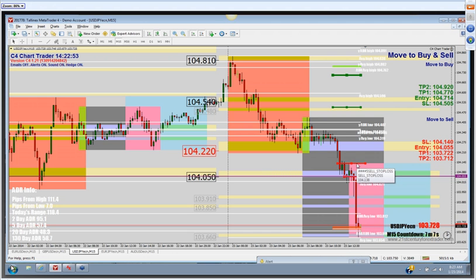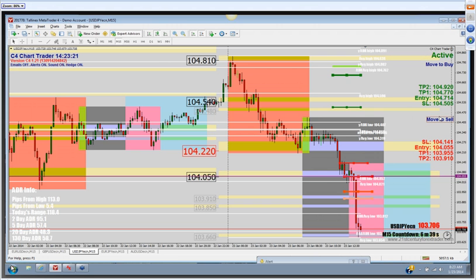We're going to keep the stop out of the way just a little bit, give it a little bit of room, about 7-8 pips or so. We'll take that stop loss there at 104.14, and then we'll look to take profit quickly, get about 10 pips or so, and then take profit two right down here as well. So we'll put that sell order on and let that one go.